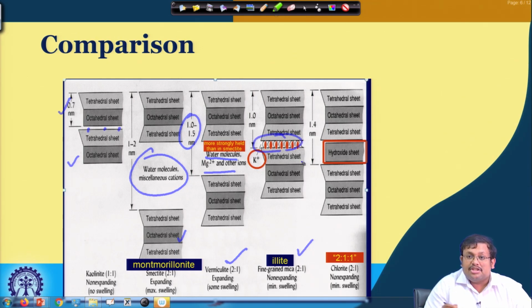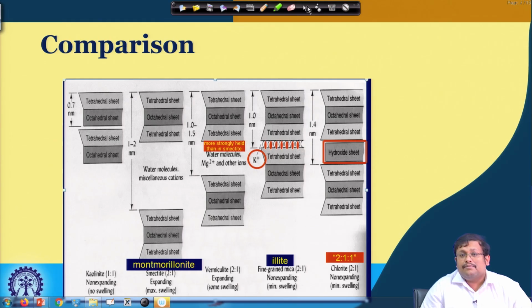The interlayer space is dominated by potassium and it shows restricted swelling, and the d-axis spacing is only 1 nanometer. In the case of 2:1 type chlorite, it is dominated by the hydroxide sheet in the interlayer space, giving a locked structure. So, this is a visual comparison of different important clay minerals, showing their structural differences.